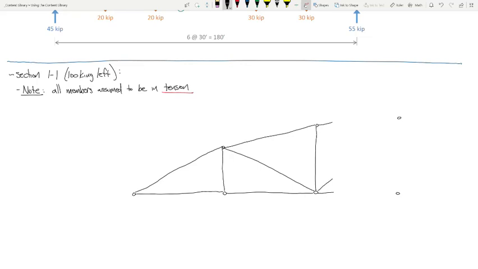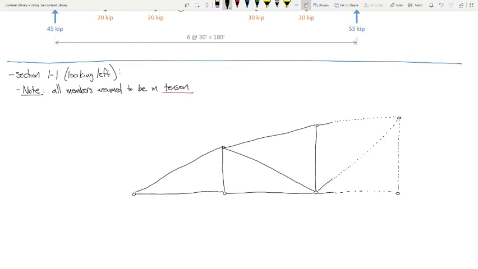What I'm going to do is draw these dashed lines. The idea is that I am only considering the equilibrium to the left of the section, but I want to have an idea of what the truss looks like on the other side, because I'm going to reference those joint designations in a bit.